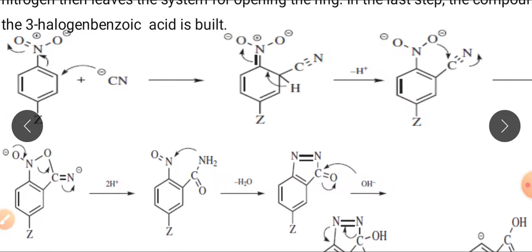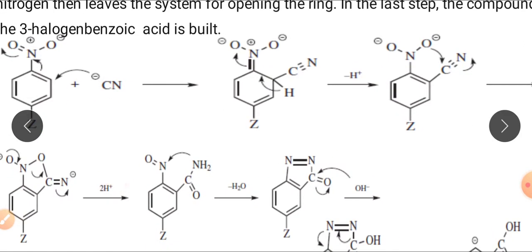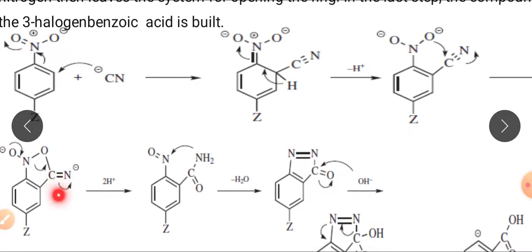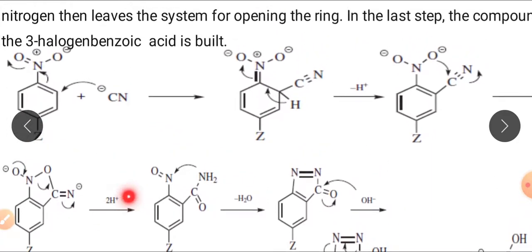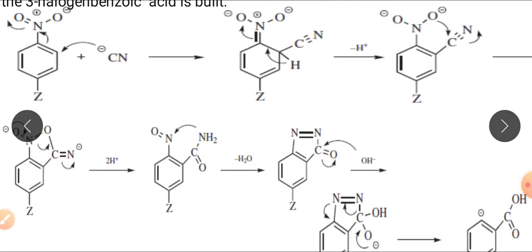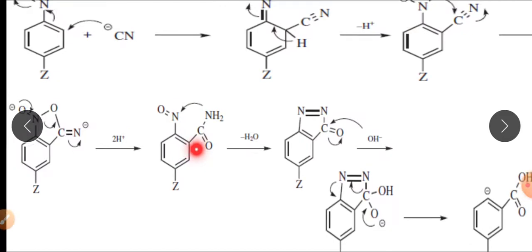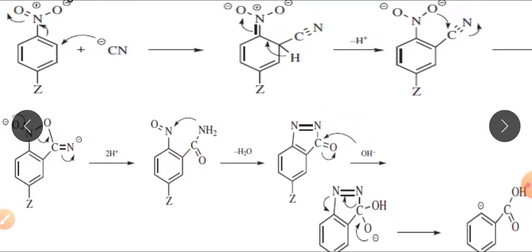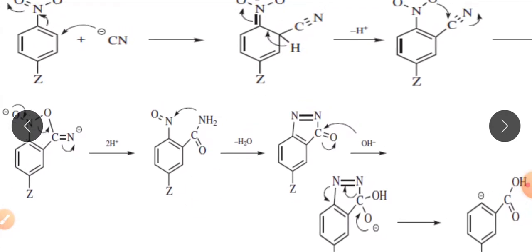Here, when this electron moves towards this one, it will abstract H positive and get converted into NH2. So remember this particular intermediate during the course of the reaction. It will help you when we investigate the evidences about this particular mechanism. So remember this particular intermediate.